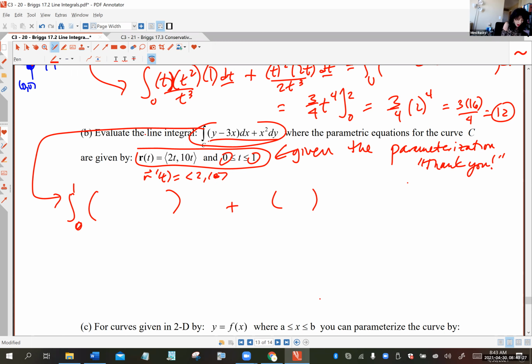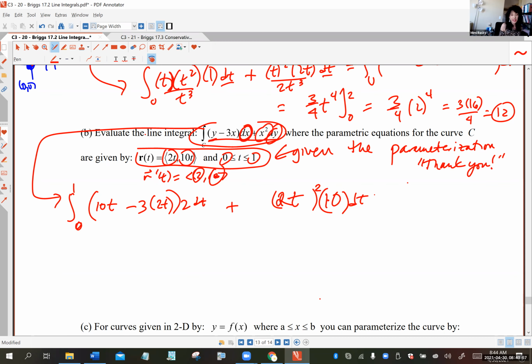So the y gets replaced with the y component from the vector valued function, minus 3 times the x gets replaced with 2t, the x component. Now the dx gets replaced with the r prime's x component, 2 dt, plus x squared. So for us, that'll be 2t squared times dy will be 10 dt.